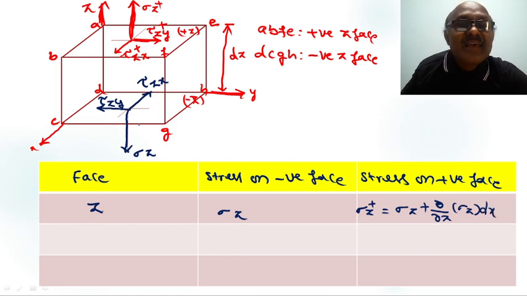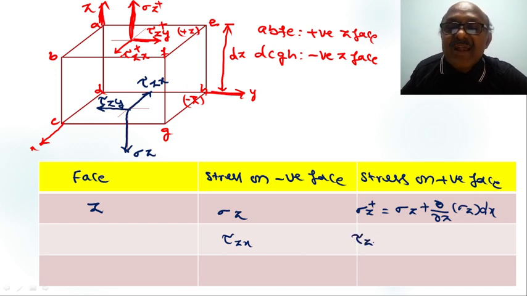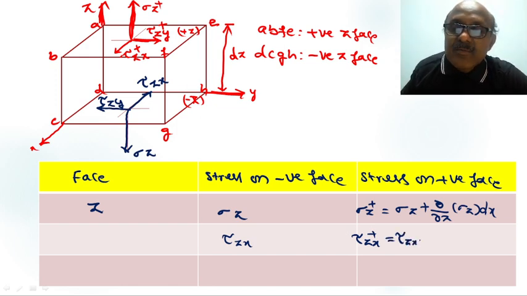So what is another stress? Here is tau zx, on the negative face. What is the stress on the positive face? Tau zx plus, which is equal to tau zx plus dou by dou Z of tau zx into, sorry, here it is dz.